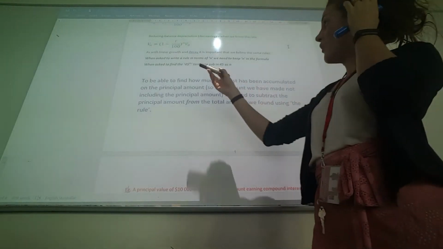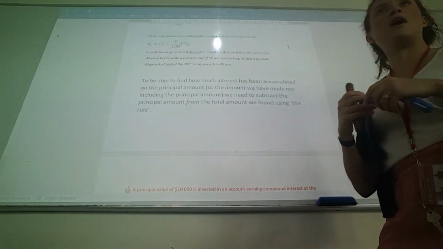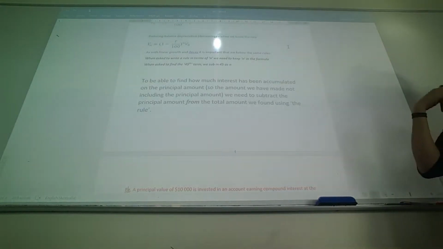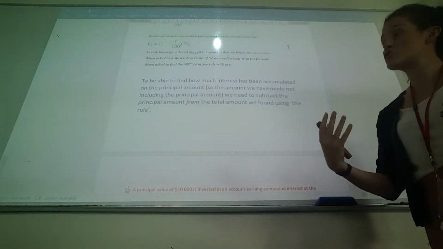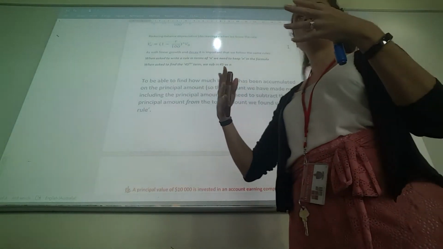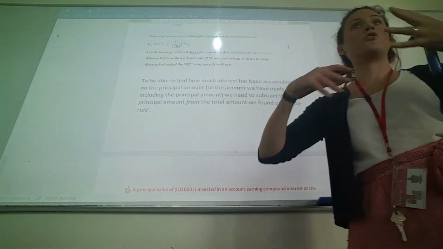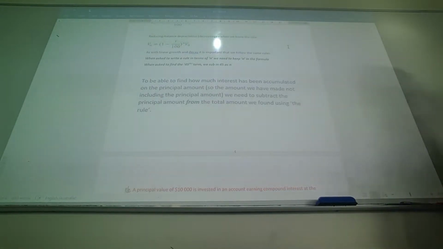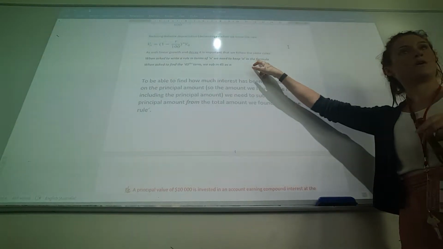And then if we're asked to find the 45th term, we sub in 45 as n. So there might be 2 things that you can be asked. You might be asked to write it in terms of n, or find the nth term, or write it in terms of the 45th or the 63rd, or just whatever relevant term they want. Does that make sense? Anyone confused by this nth term?